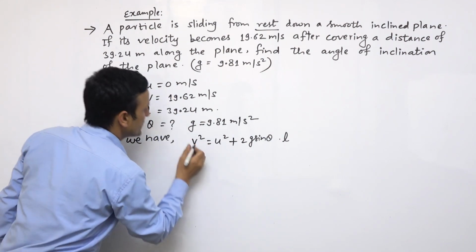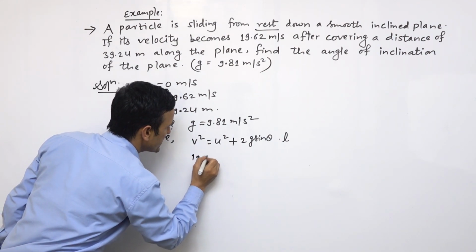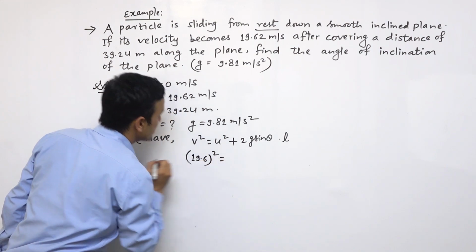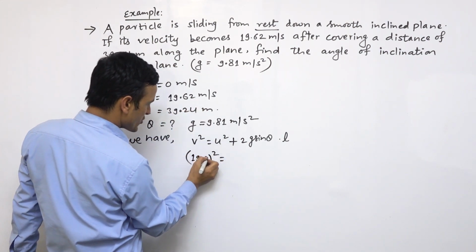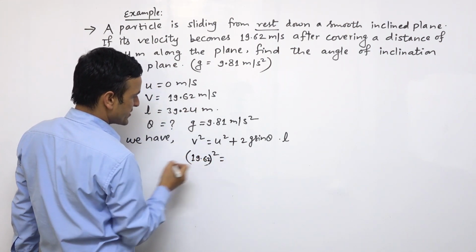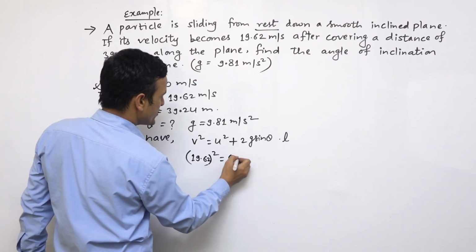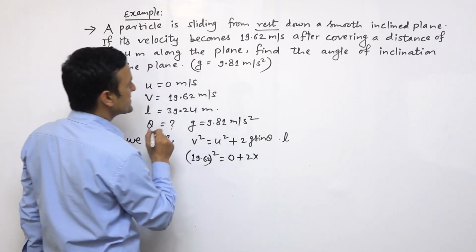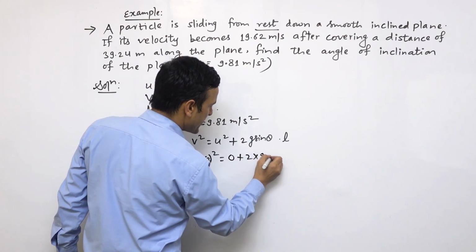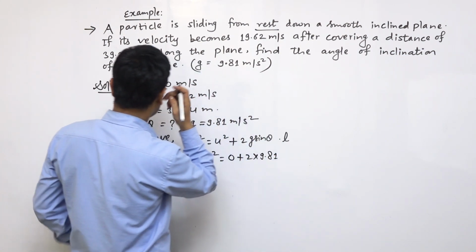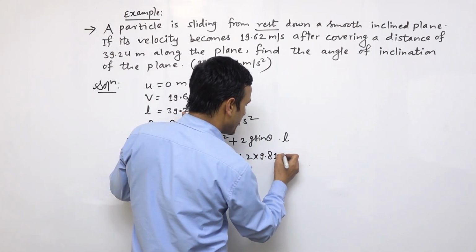So write down the value. v means 19.62 whole square. And u square it is 0, and 2 into g means we have the value of 9.81, and sin theta we don't know here.